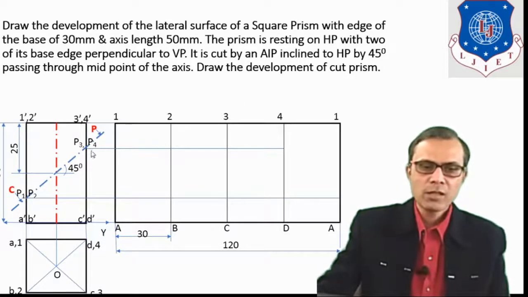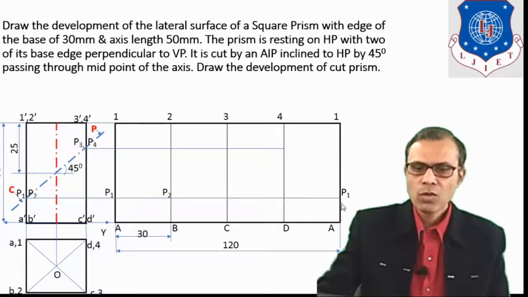Draw the projector as shown here, because we have to locate these cutting points in development. So here P1 point we are considering as it is cut on A1 longer edge at P1 point. A1 longer edge is here also. So here also we have to mark this P1 point.